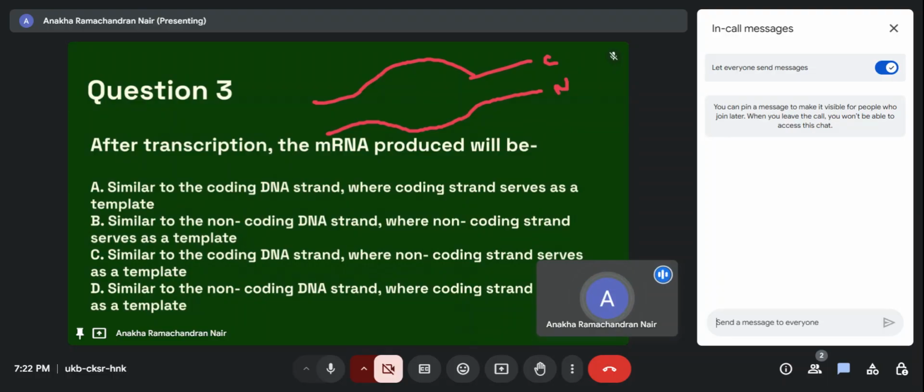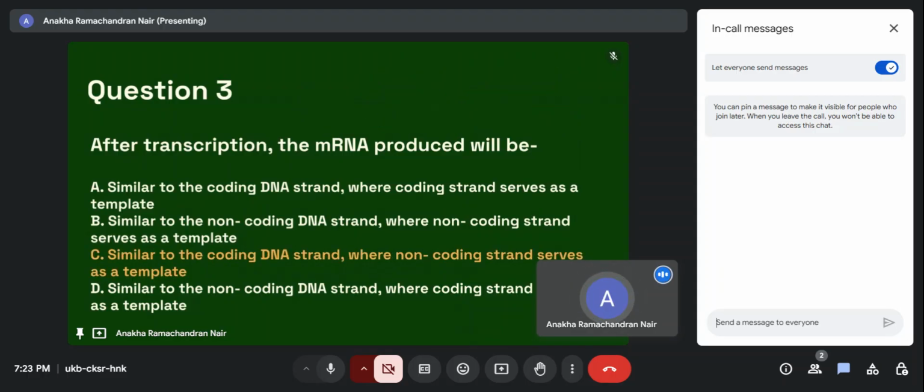So complementary to this, the mRNA will be formed, right? Okay. And this is the non-coding strand or the template strand. The coding strand is this strand, that you see here, and it will have the same sequence as the mRNA that is being formed, right? Except in DNA it will have T and instead in the RNA it will have U. Okay. Apart from that, the code will be the same.